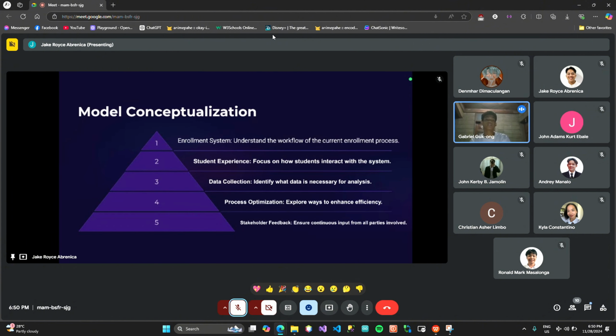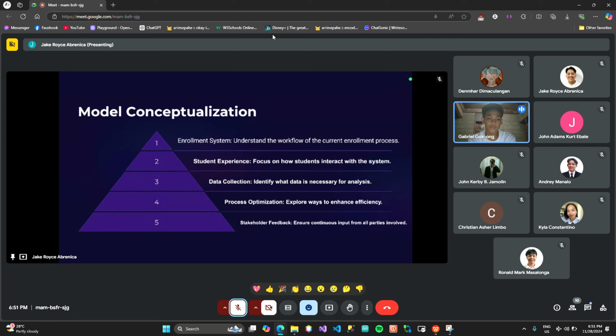The next topic is model conceptualization, which will be discussed by me. Model conceptualization. To improve the enrollment system, we first need to understand the current workflow from course selection to final registration. By analyzing how students interact with the system, we can identify key points that cause frustration. Data collection is critical. We need to gather information on wait time, system performance, and error rates to pinpoint areas for improvement.